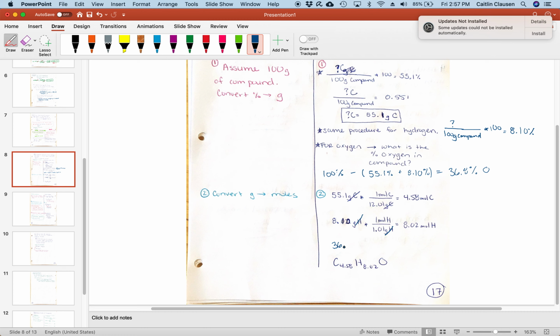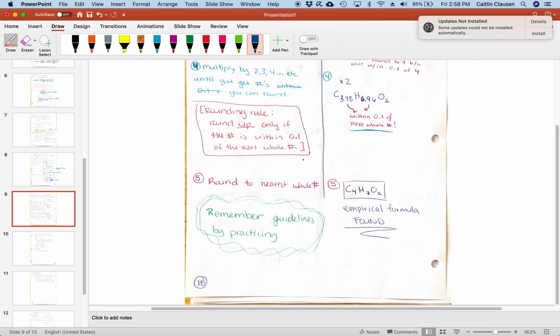Oxygen is going to be 36.8 grams of oxygen times 15.999 grams of oxygen on the bottom to 1 mole of oxygen on the top. That's going to give us 2.30 moles of oxygen. Right, now we have our moles.